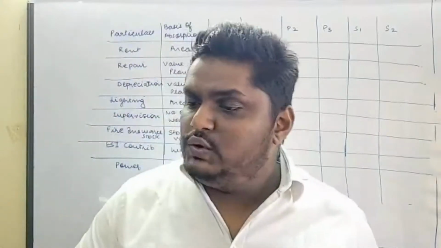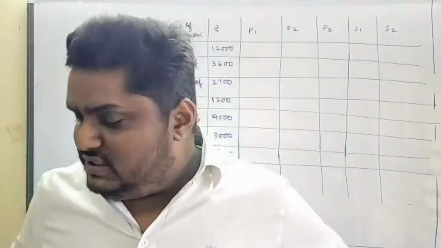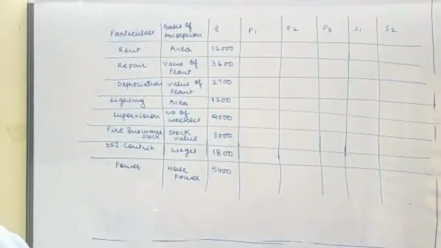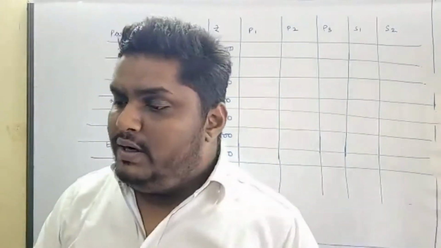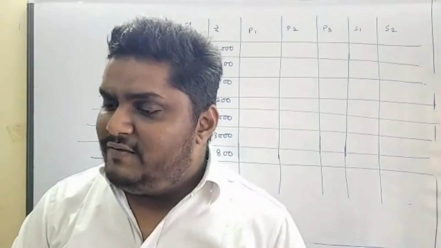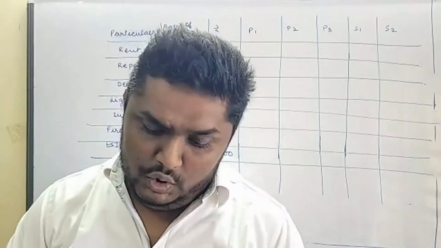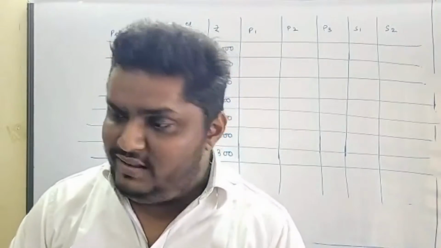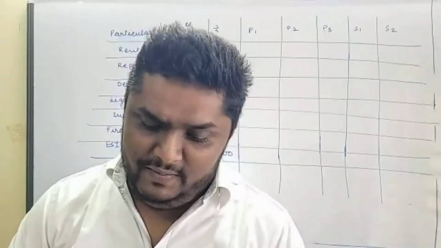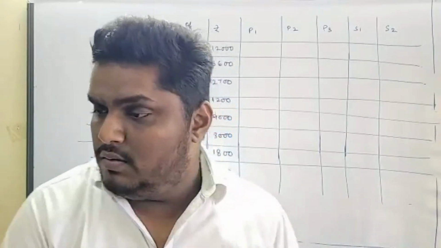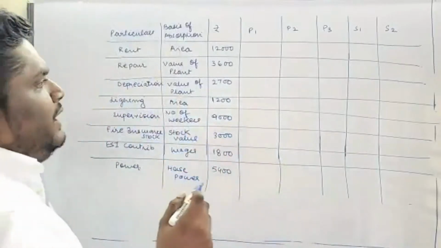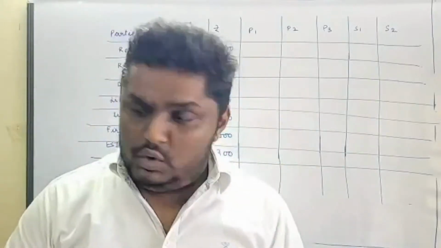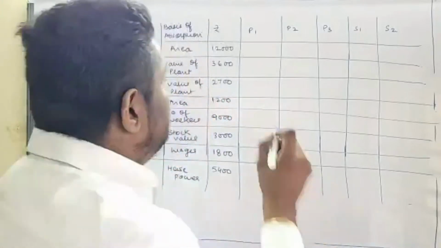Now guys, let's distribute the cost. So herein rent is 12,000 and the area in square feet is given. That is 200, 150, 135, 75 and 40. So 200 plus 150 plus 135 plus 75 plus 40, 600. So rent will be distributed in the ratio of area. So 200 into 20.